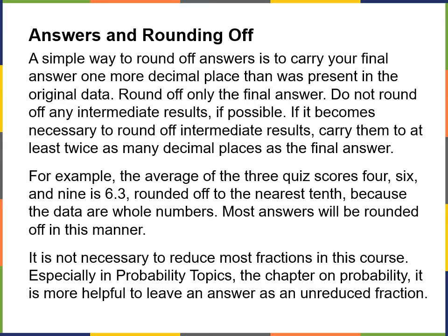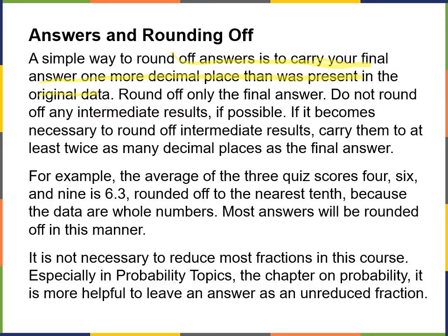We have general rounding rules depending on what we're doing, but the most basic rounding rule that we usually work with is essentially to carry your final answer one more decimal place than is present in your original data set. You should only round your final answer, because when you round in intermediate steps of a calculation, every time you round, you introduce error into your answer.